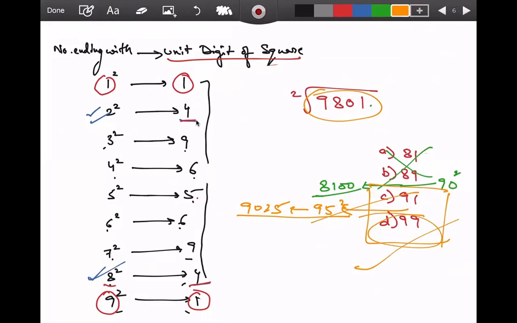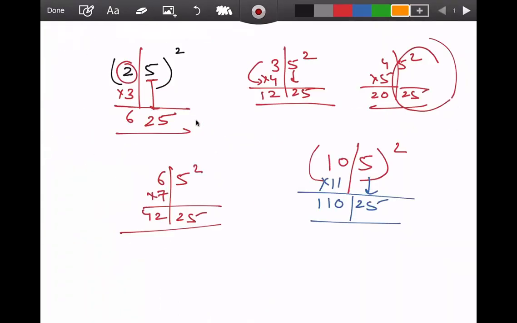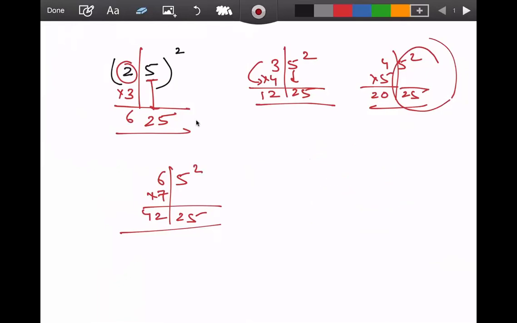सर हाँ. सर जैसे 95 का आपने स्क्वायर ऐसे करा, इसका सर एक बार फिर से फॉर्मूला बता दो. लेट ज्वाइन किया था ना? यस सर. So whenever a number ends with 5, answer will always end with 25.